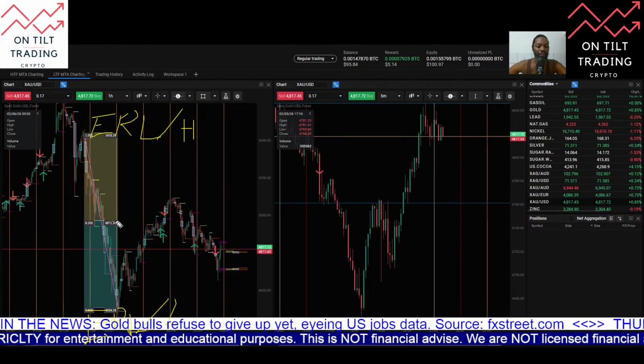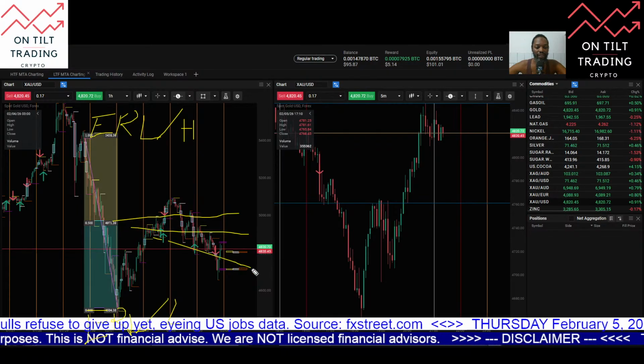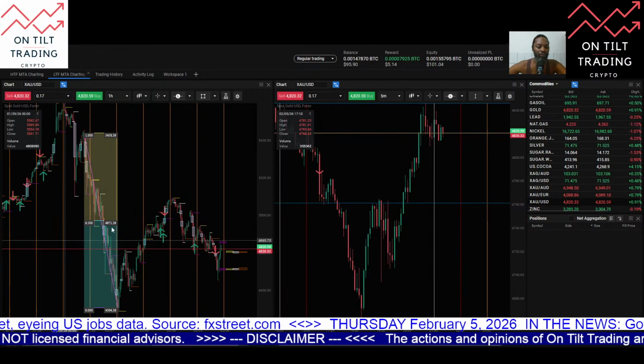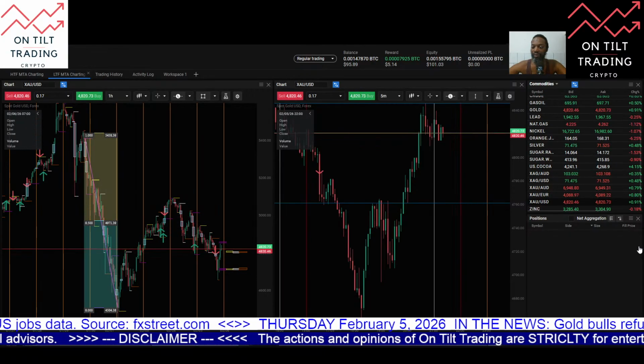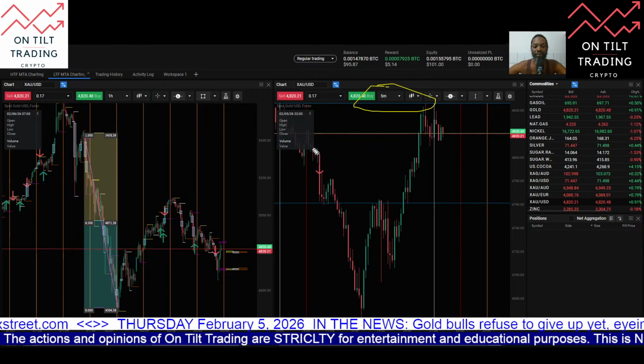And we can see price has reached the equilibrium level and is now trading below that level. So short bias here on the 1 hour chart on gold.